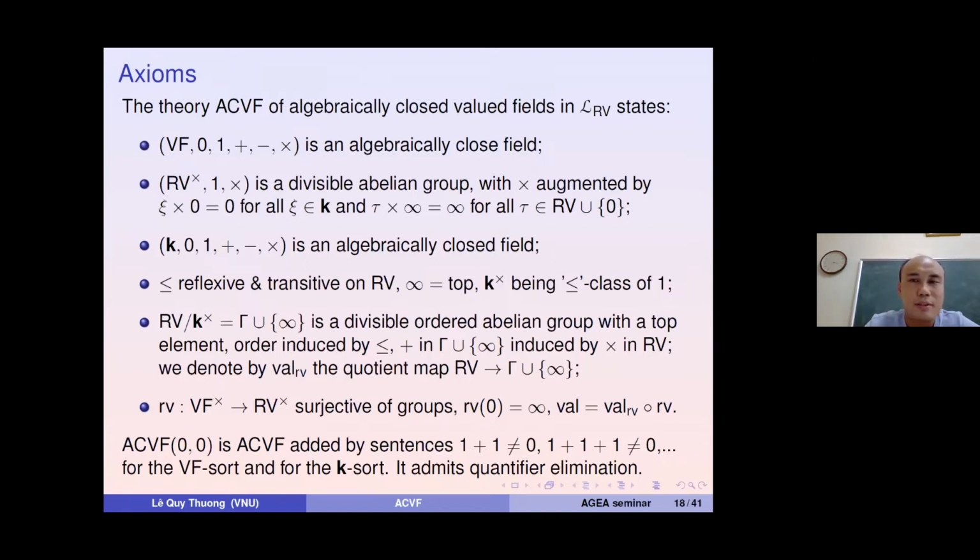The second statement is RV star with 1 and multiplication is a divisible abelian group with some more augmented relation as this.